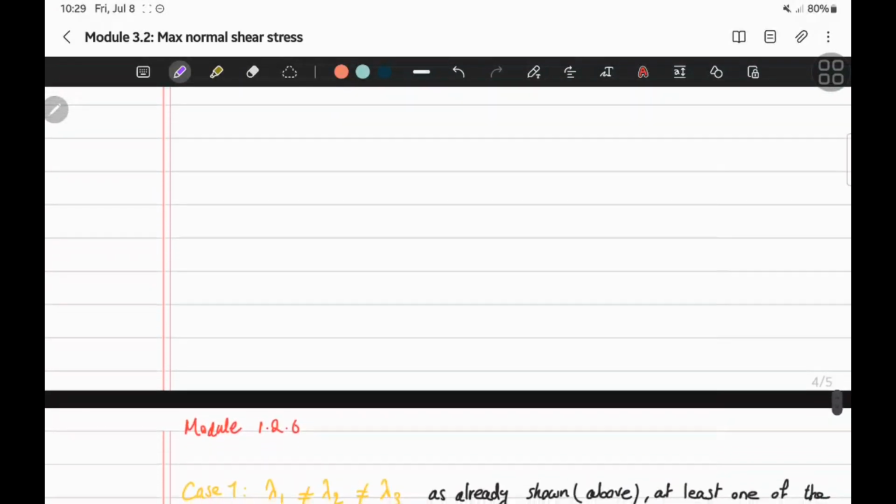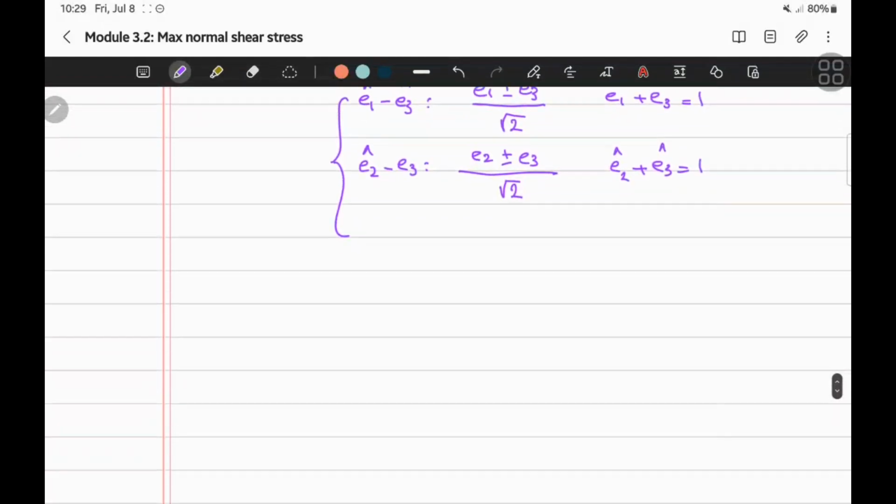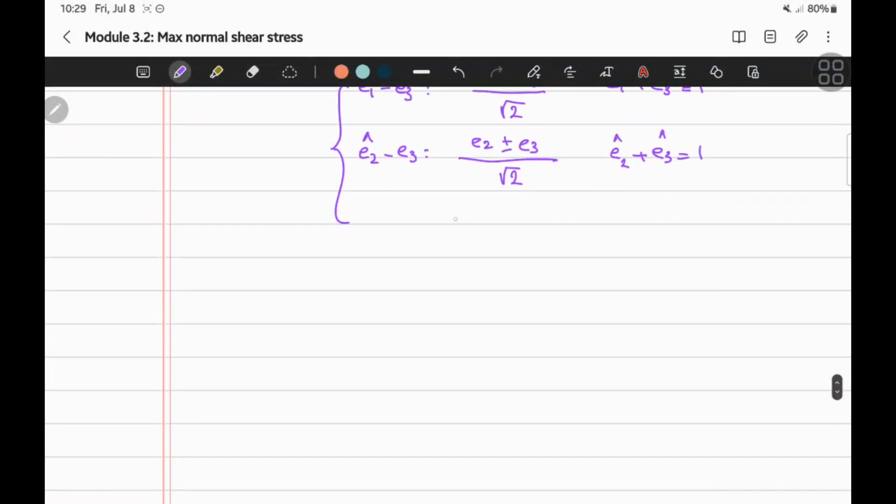So we have, let's say, alpha E1 plus beta E2 plus 1 divided by square root of 2 E3, where we also know that alpha squared plus beta squared plus 1 divided by 2 should be equal to 1.